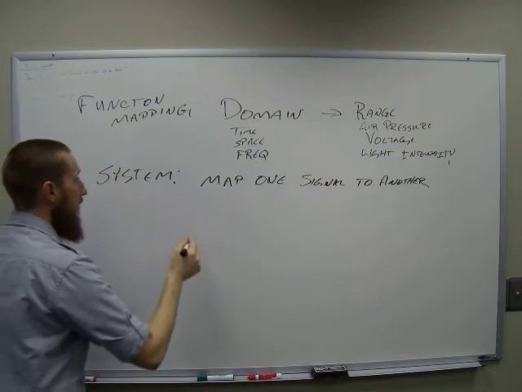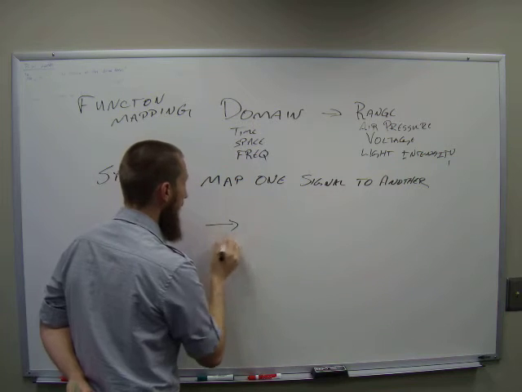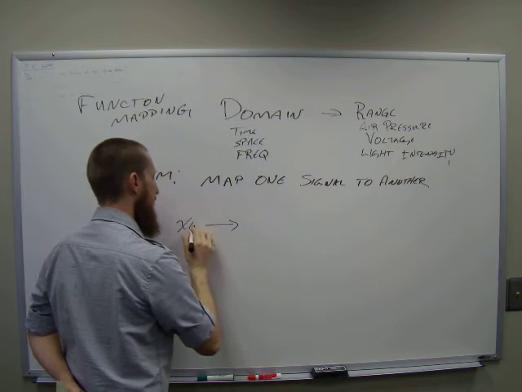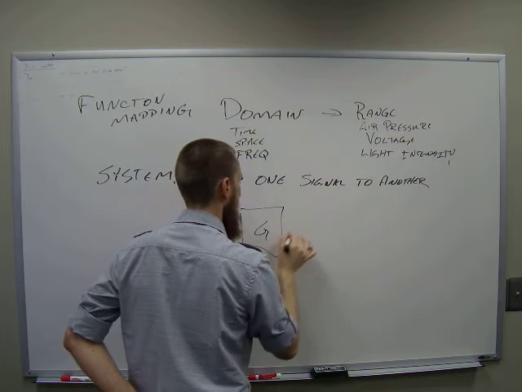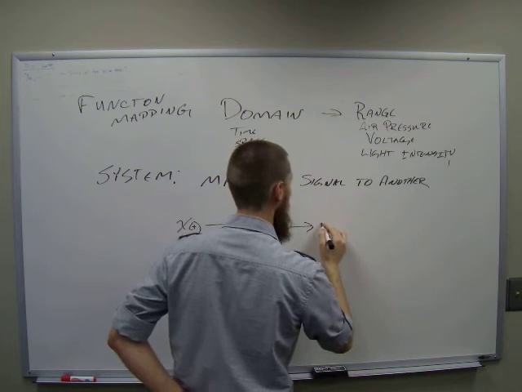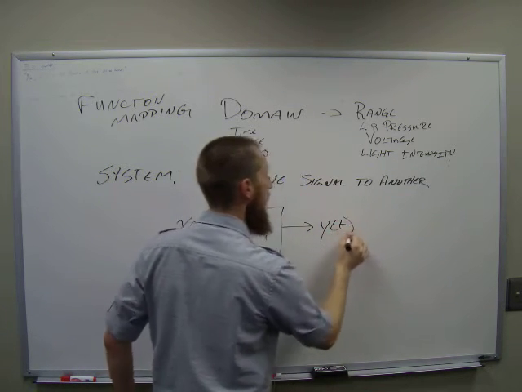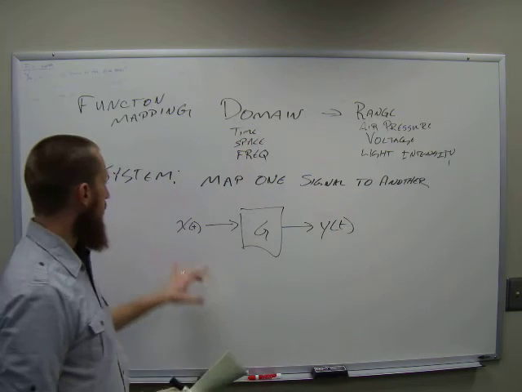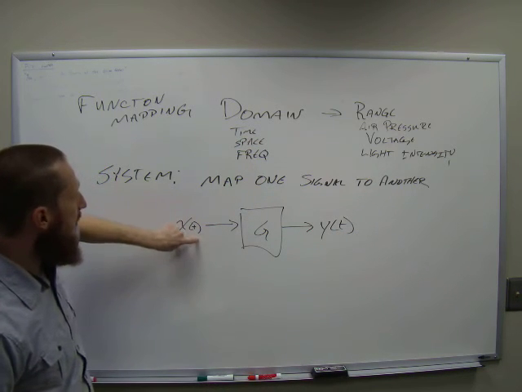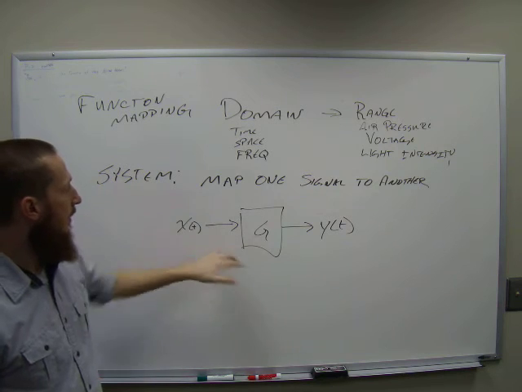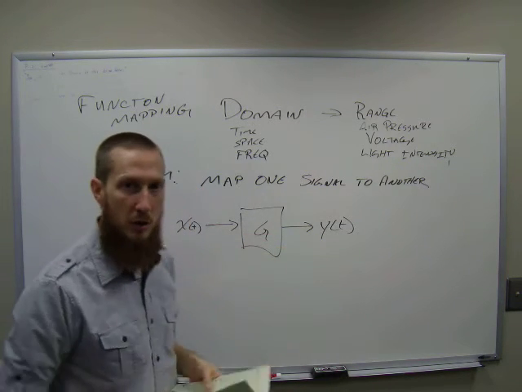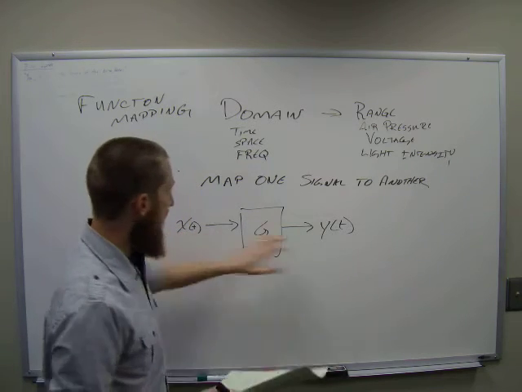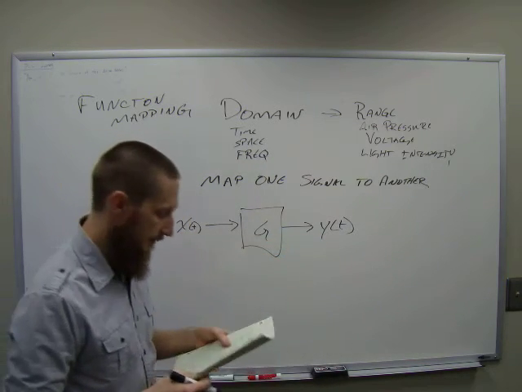So we can draw this. For instance, if we have an input x of t going through a system G, the output of this would be y of t. So now we have a function on the input, a system that is remapping to another function on the output. So these are the signals, and this is the system.